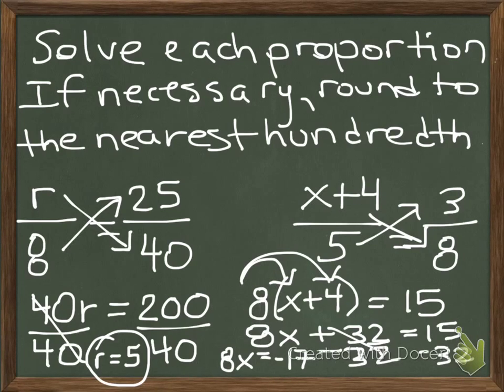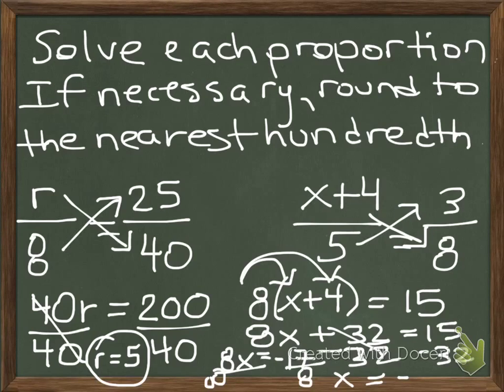Then I would divide both sides by 8. I'm running out of room here. And I'd get actually a decimal here. It's going to be a negative number because I did negative 17 divided by 8. So one negative and one positive when I'm dividing gives me a negative.